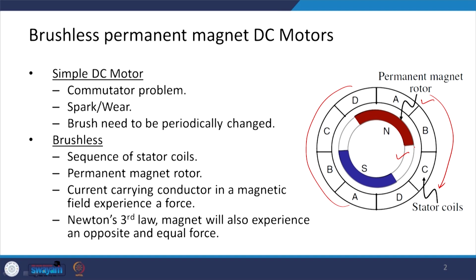Here the current is carried by the conductor in the stator, and it is in a magnetic field, so it experiences a force. From Newton's third law, the magnet will also experience an equal and opposite force, and this is the basic principle of the brushless DC motor. The permanent magnet rotor rotates because of the reactive forces coming from the stator side.